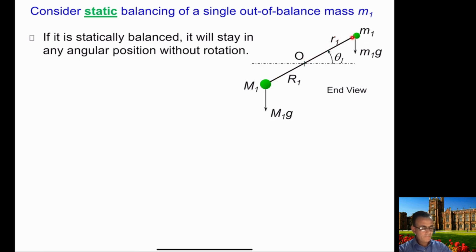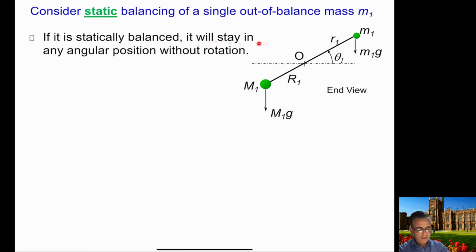And now assume that this is the position of these two masses here. So if you want to talk about static balancing now, if this system is statically balanced, as we explained earlier, it will stay in any angular position without rotation.